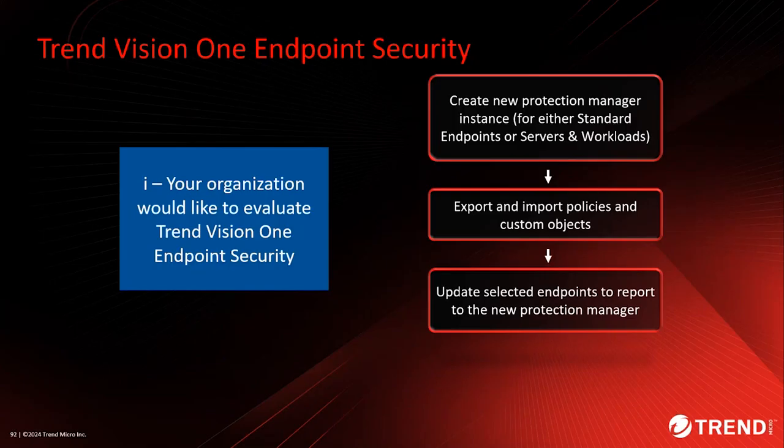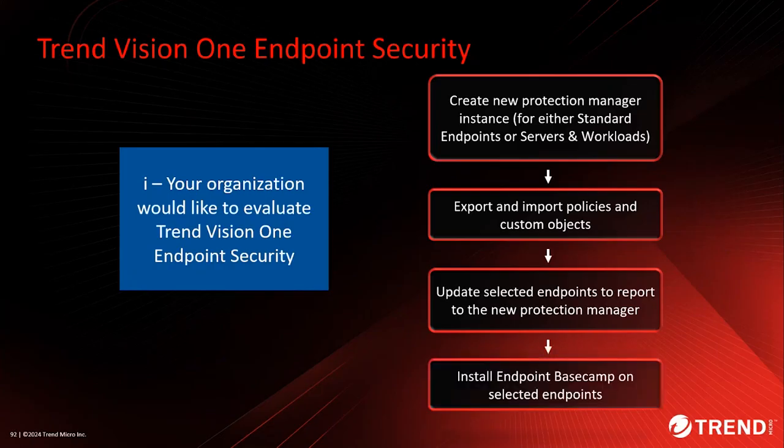At this stage, we have successfully migrated the protection agents to Vision 1, but it's important to note that the endpoint sensors have not yet been transitioned. The sensors are important for gathering telemetry necessary for enhanced endpoint detection and response capabilities.